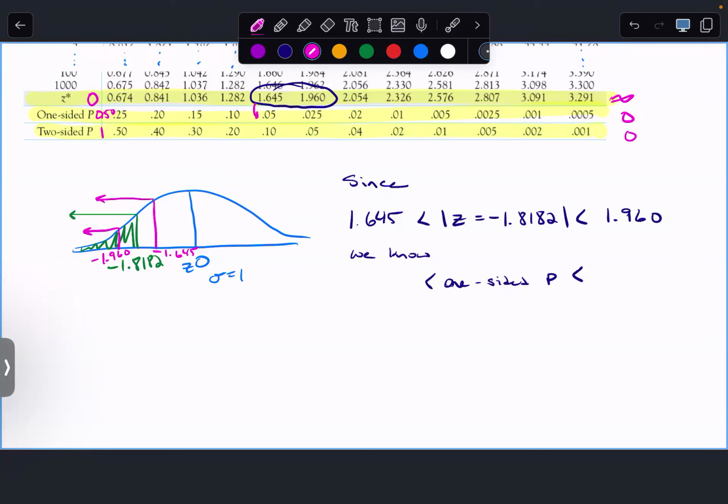The area in the tail associated with 1.645 is 0.05. And the area in the tail associated with 1.96 is 0.025. Which means that my one-sided P is somewhere between 0.025 and 0.05.